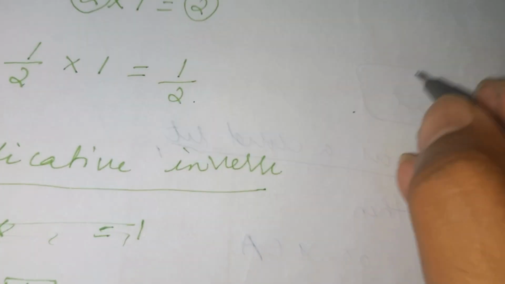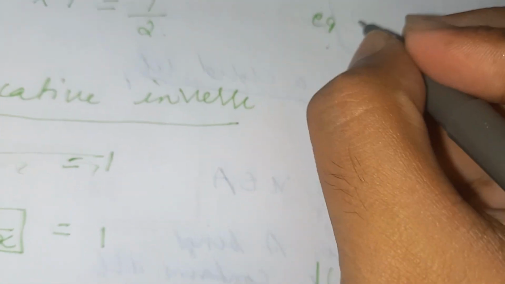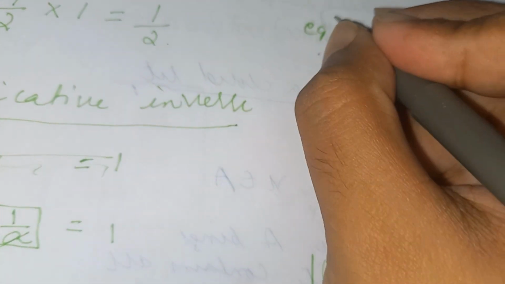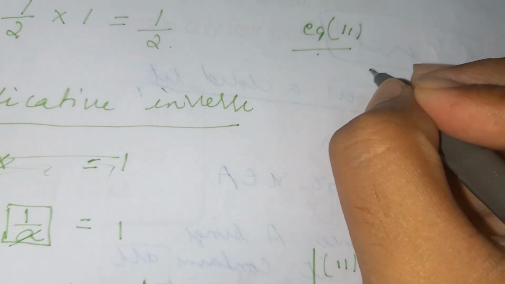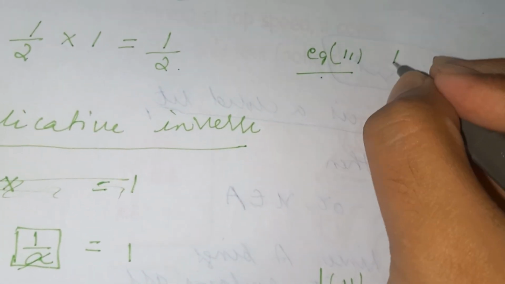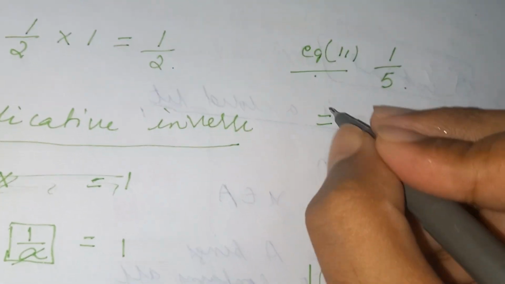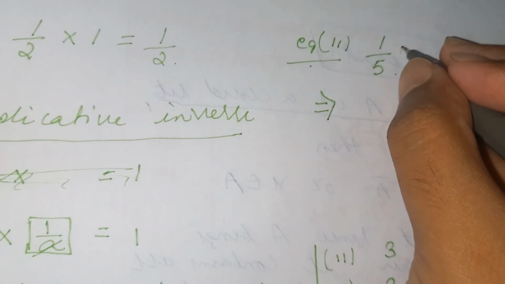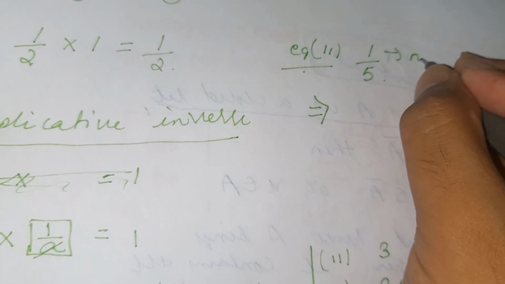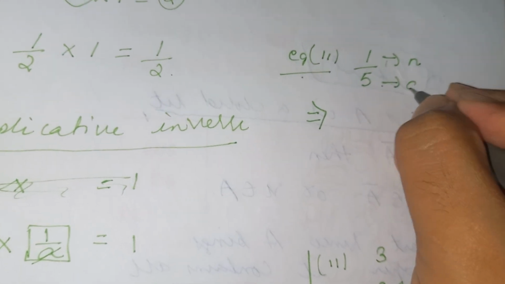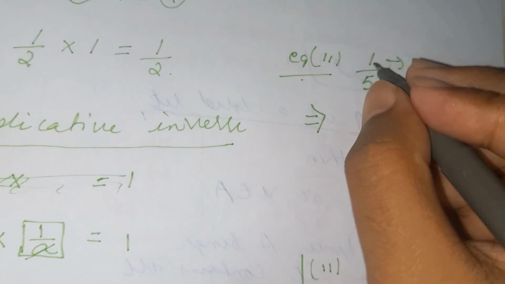Again, we'll be seeing the second example of multiplicative inverse. We'll be checking for 1 over 5. Here we can see that 1 is the numerator and 5 is the denominator. So we have to change the places.